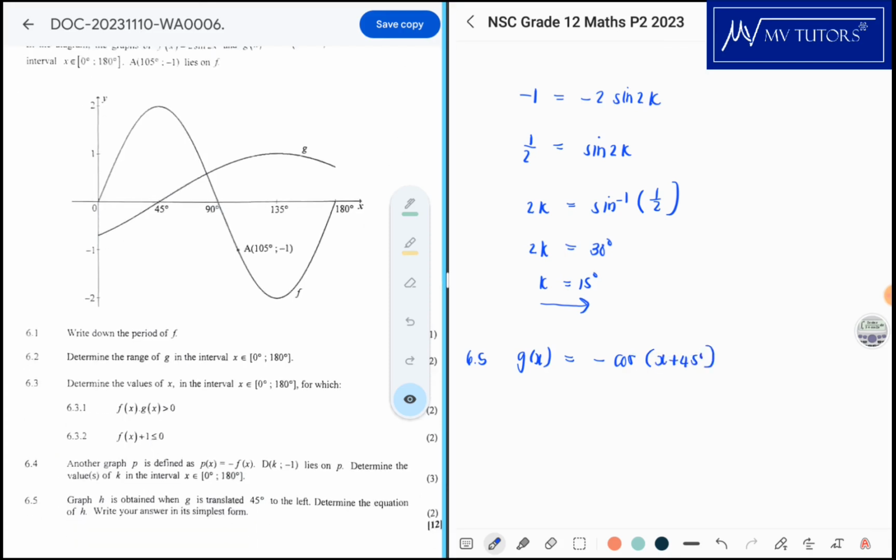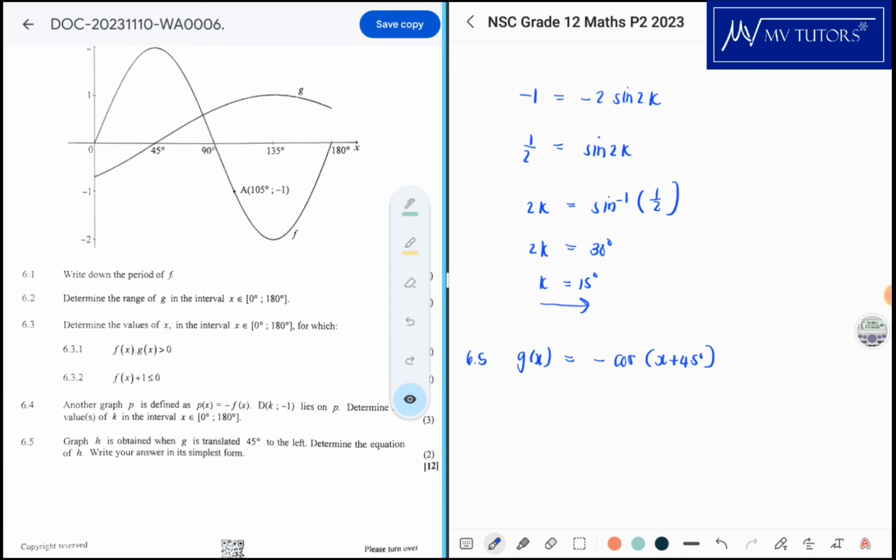And now you're translating it again to the left. So it says determine the equation of H. If it's translated to the left, it would be plus another 45 degrees. So therefore we have negative cos x plus 90 degrees.